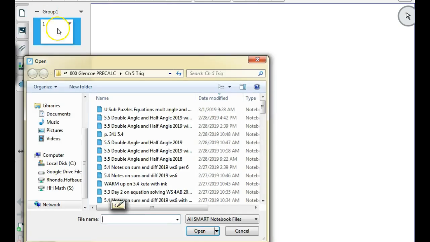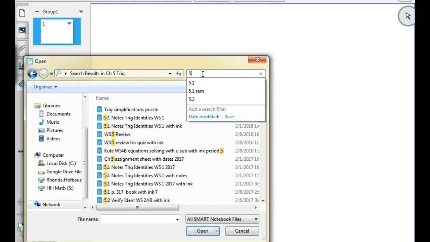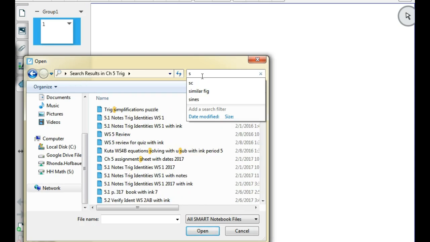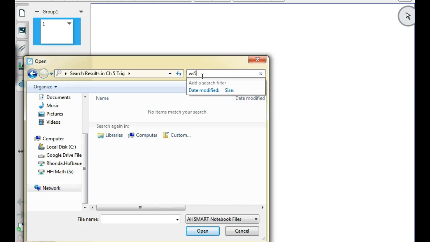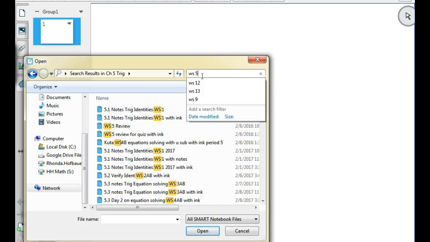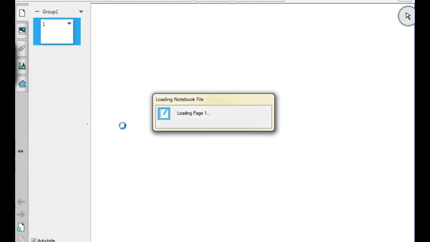And pull out 5, 7, and 9 while you're in there if you don't already have them out. Let's start on the bottom of 5A. Oh, there, worksheet 5 review.